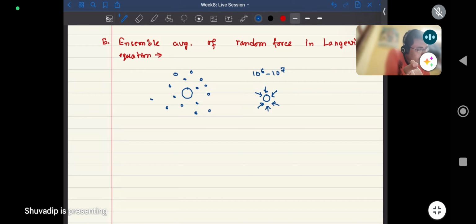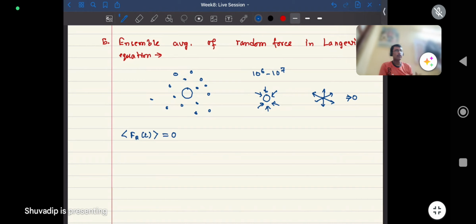So if I take an average of all those forces, it will be equally likely in each direction. So the ensemble average will go to 0. That's why the ensemble average of F(t) is 0, because from every direction I can get a force. So the resultant force after summing over all possible directions will be 0.